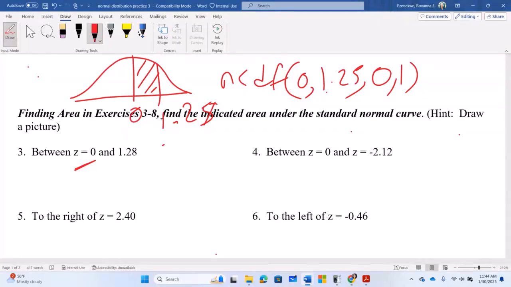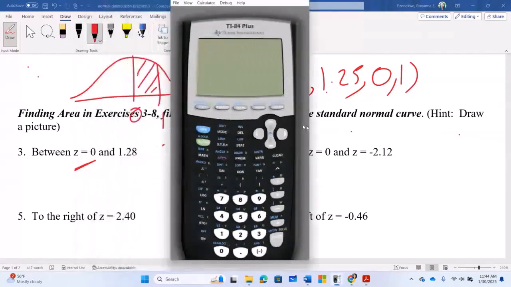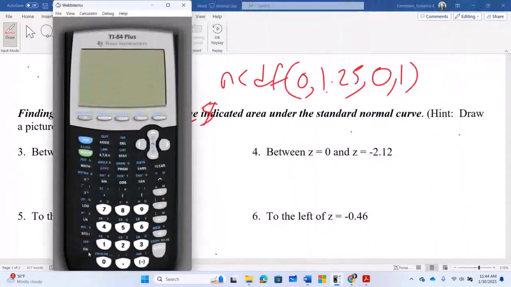So I'm going to use my calculator this time. I don't have the raw data. If I'm told to use empirical rule, it's not going to be an easy task. So where do I find normal CDF? Second vars, number 2, this is normal cumulative density function. The first one is asking you what is the lower number. In this particular question, it is standardized, so the mean is the lower number.